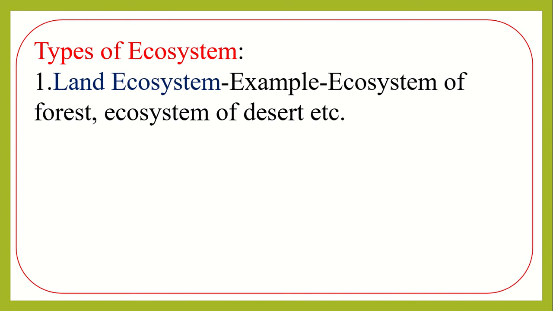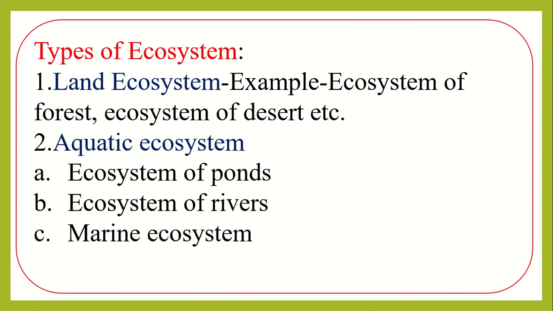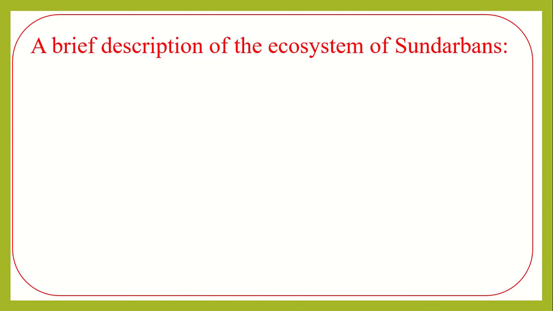Number two, the Sundarbans forest of the coastal region of Khulna. Aquatic ecosystem. Ecosystem of ponds, ecosystem of rivers, ecosystem of ocean or marine ecosystem. A brief discussion of ecosystem of Sundarbans.